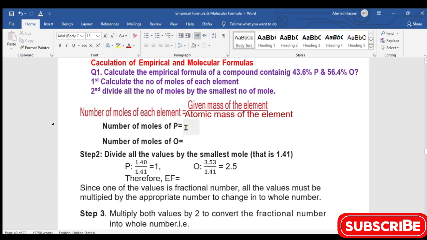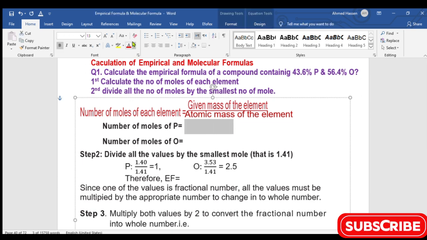It gives us 1.41 mole. And the number of moles of oxygen is equal to 56.4 divided by the atomic mass of oxygen, which is 16. And the result becomes 3.53 mole. Okay.